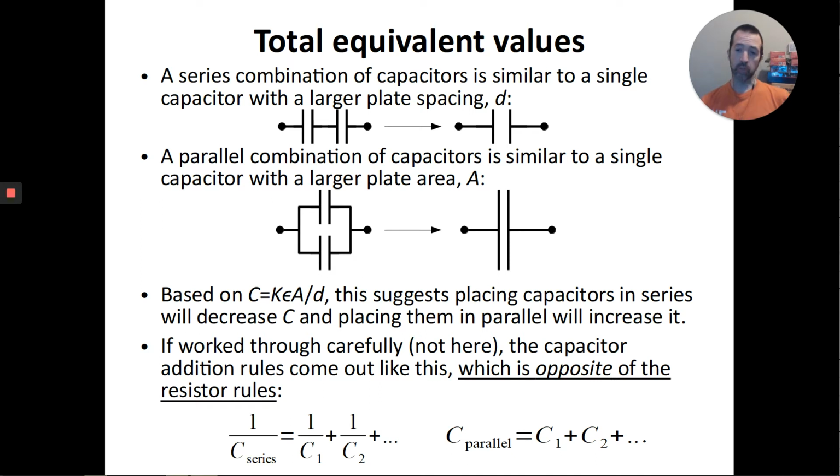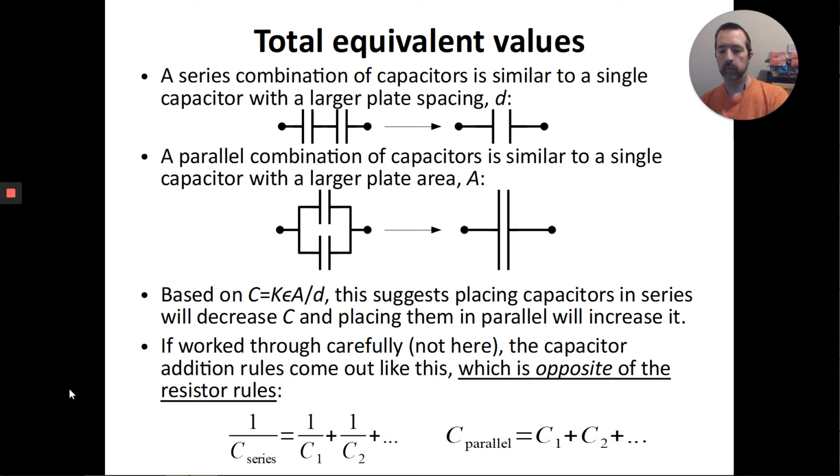Whereas with a resistor, if you make the resistor wider, that's like having a wider hallway and the resistance goes down. But with a capacitor, it goes up. So the result of all of that is that the rules work out to be opposites. Parallel combinations increase the total. Series combinations will decrease the total.